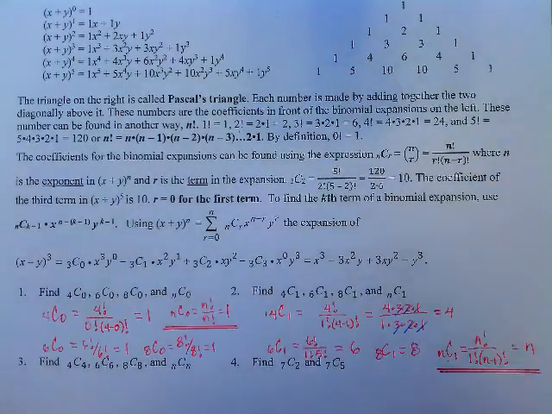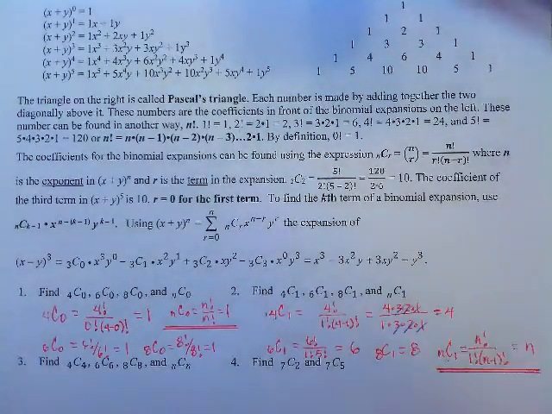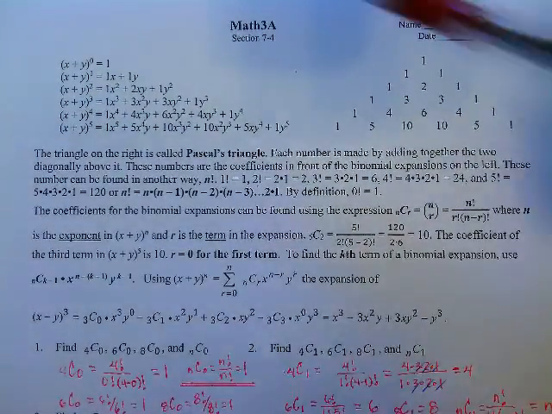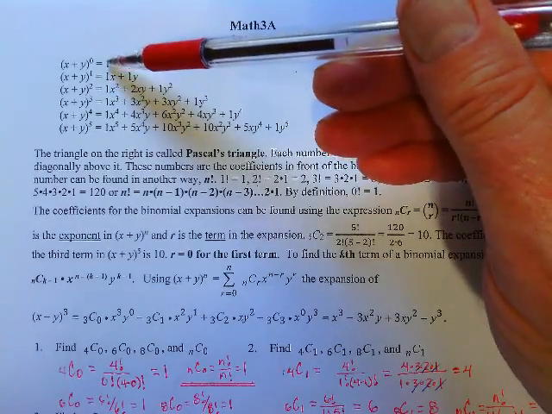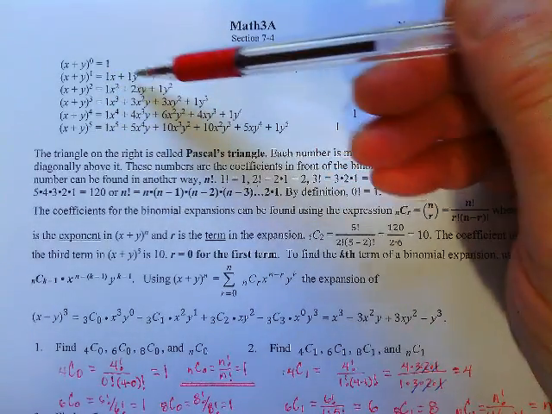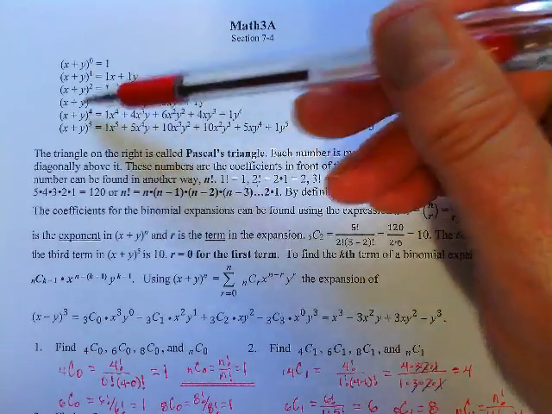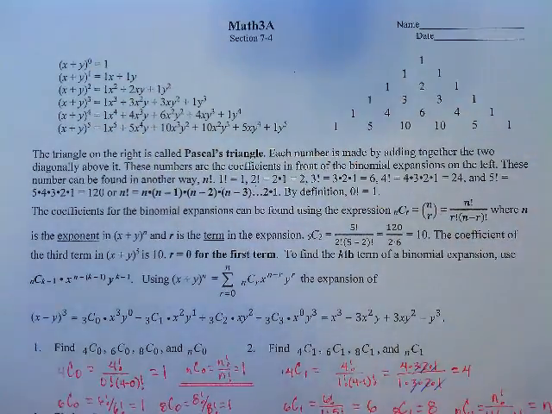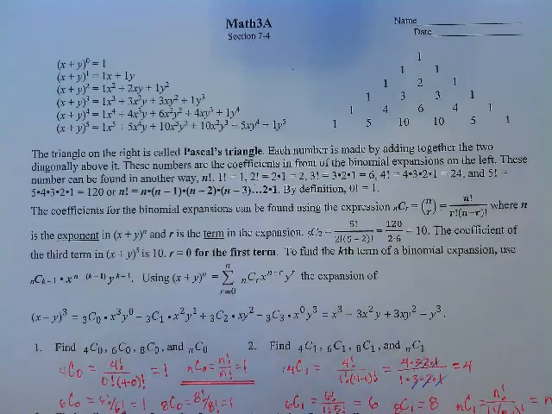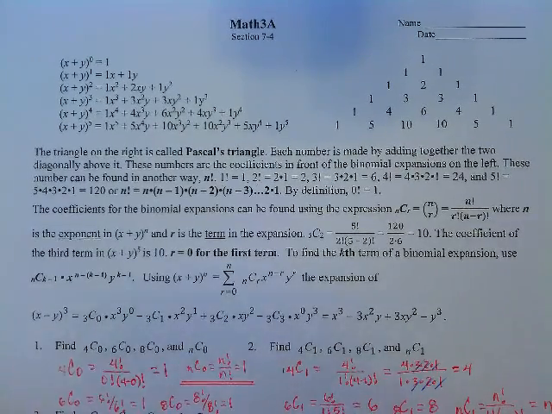If we go up to the top and look at the second one, these were all r equals 0. Here's r equals 1. Well, that was 1 and 1, 2 and 2, 3 and 3, 4 and 4, 5 and 5. The second term always had whatever the value was n.